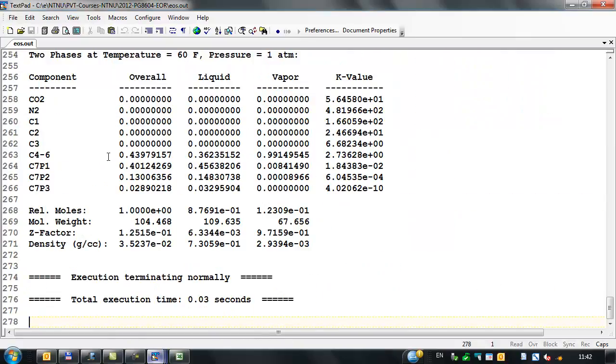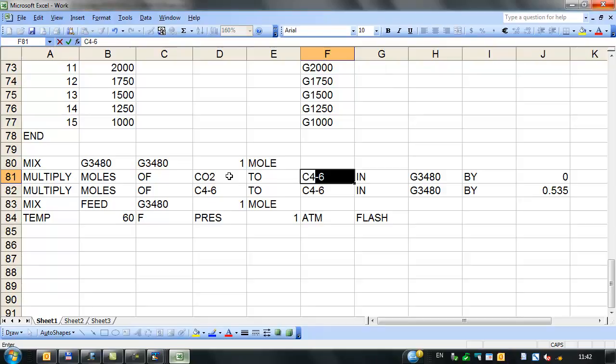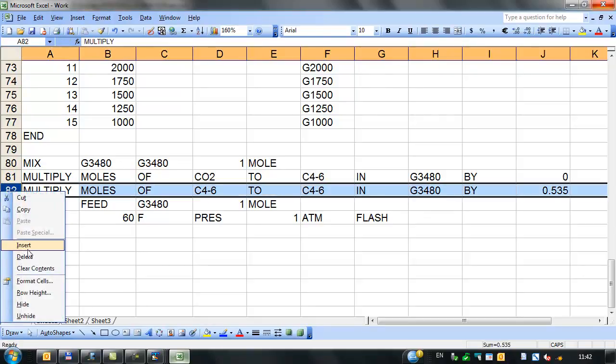So now you see, this is still not right. Oh, okay, that's because we didn't change these. I can get rid of this line, right?